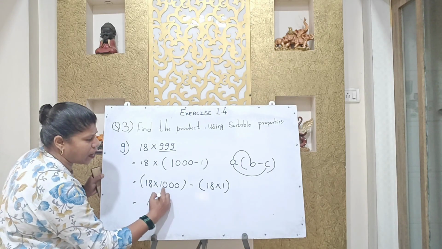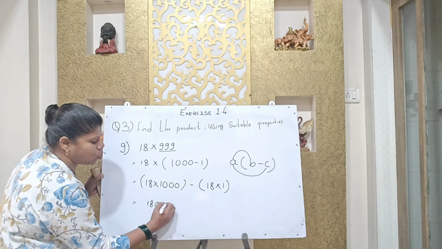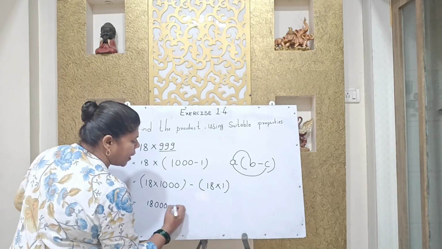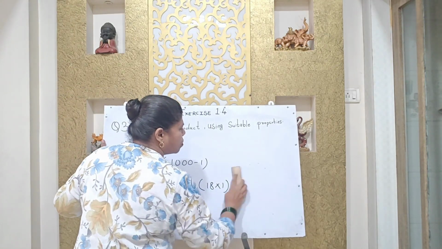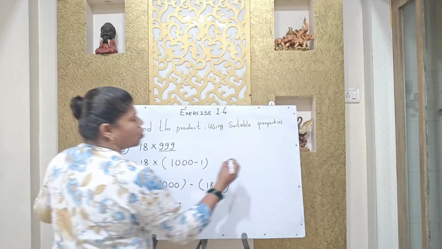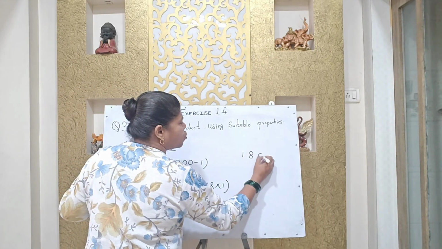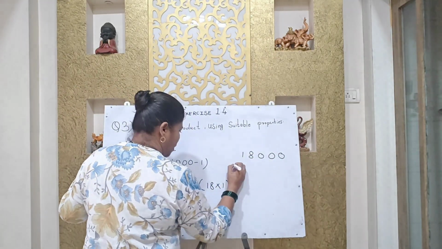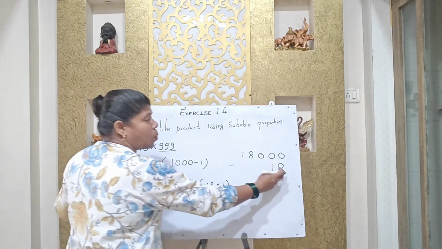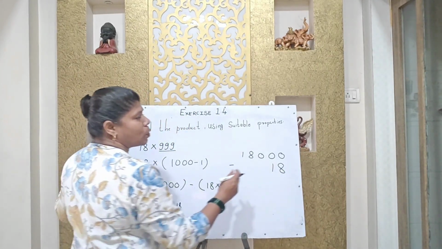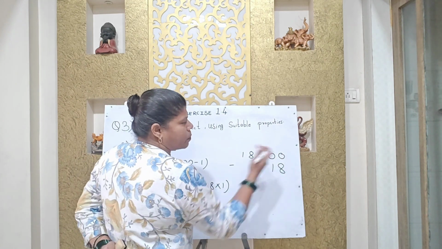Write 18 and afterward write 3 zeros. Now 18 ones are 18. Just do subtraction here. You will get your answer. So 18000 minus 18. Don't write 18 on this place. Write a ones place and then tens place. So we cannot subtract 8 from the 0.